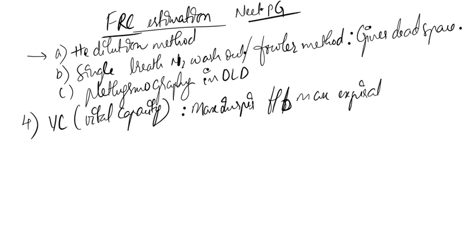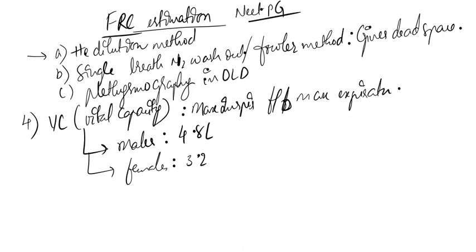Normal vital capacity in males, how much, can anyone? 4.8 liters. In case of females, it is 3.2 liters. This is the normal vital capacity in males and in females. Remember these two values.